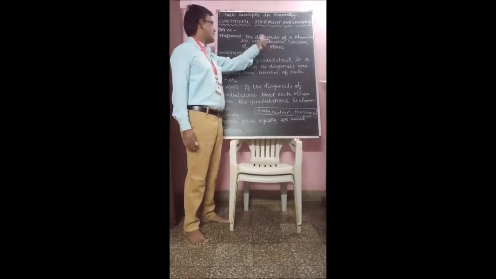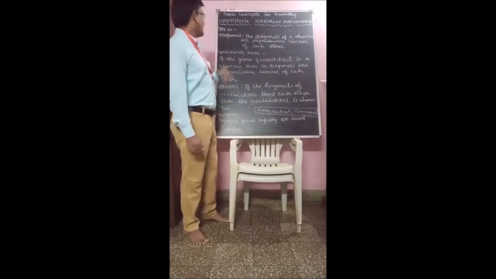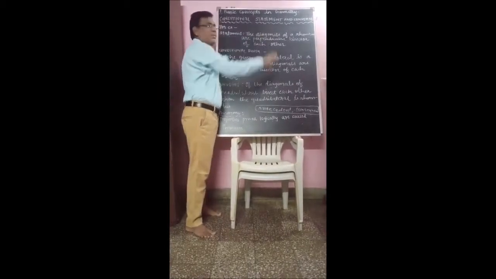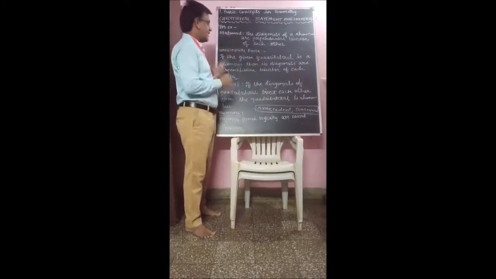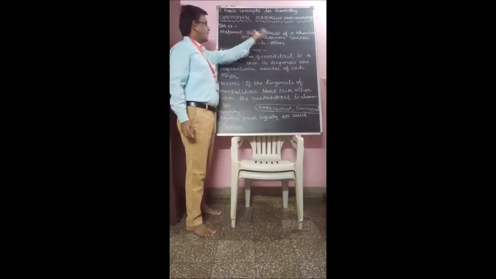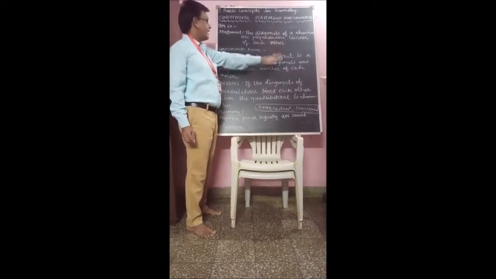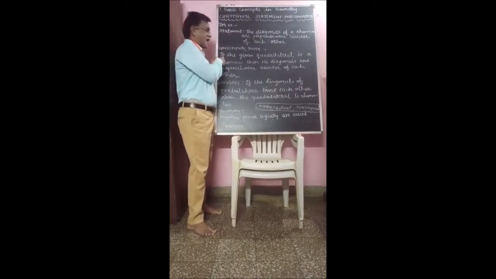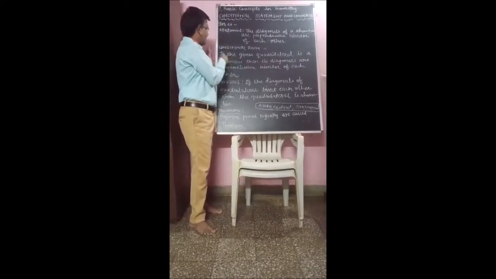I already told you there are two types of statements. This is the simple statement: the diagonals of a rhombus are perpendicular bisectors of each other. Now what is the conditional statement? When we apply a condition to this simple statement, that statement is called a conditional statement. How do you apply the condition? If we add the condition, if the given quadrilateral is a rhombus, then you add if and then.